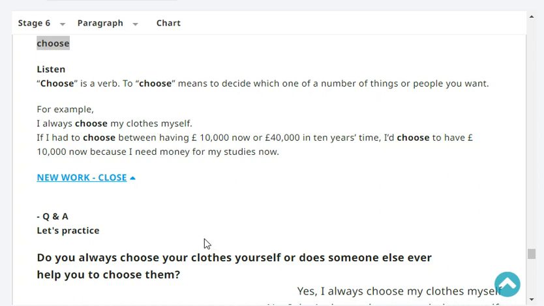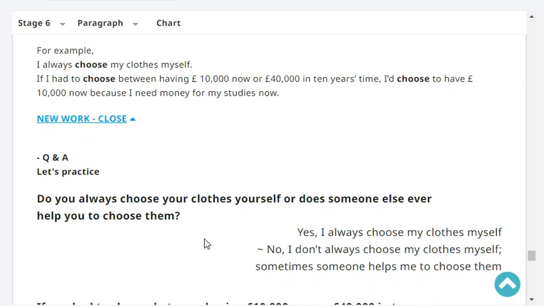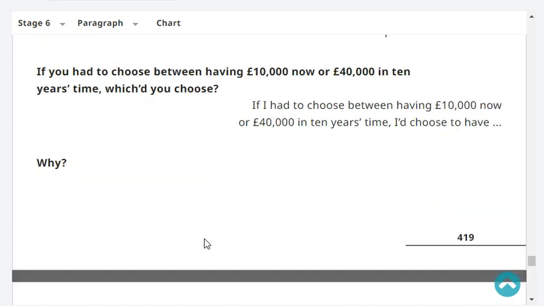Okay, let's practice. Do you always choose your clothes yourself, or does someone else ever help you to choose them? Yes or no? Yes, I always choose my clothes myself. Wait, if you had to choose between having £10,000 now or £40,000 in 10 years' time, which would you choose?